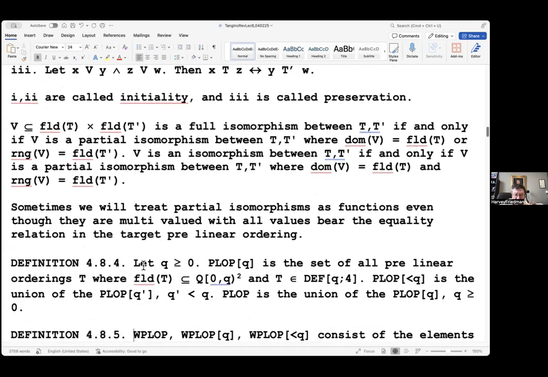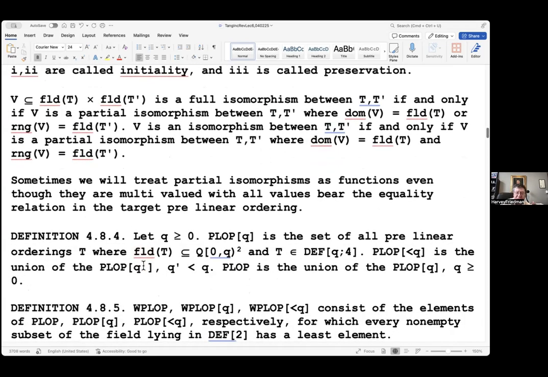Sometimes we want to treat partial isomorphisms. So partial isomorphisms are relations. They're not really functions necessarily because the equality relation may not be the identity, right? So we think of them as functions, even if they're multi-valued, where all values bear the equality relation in the target prelinear ordering.